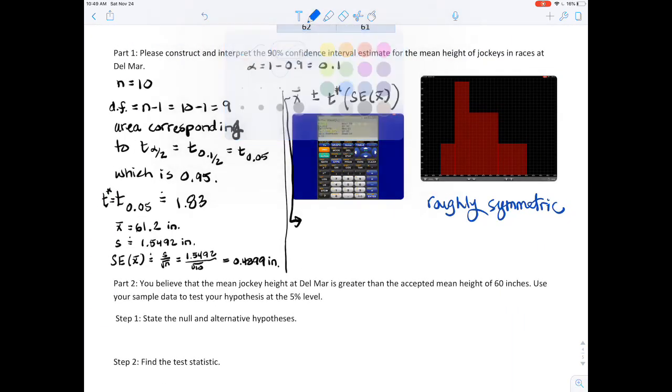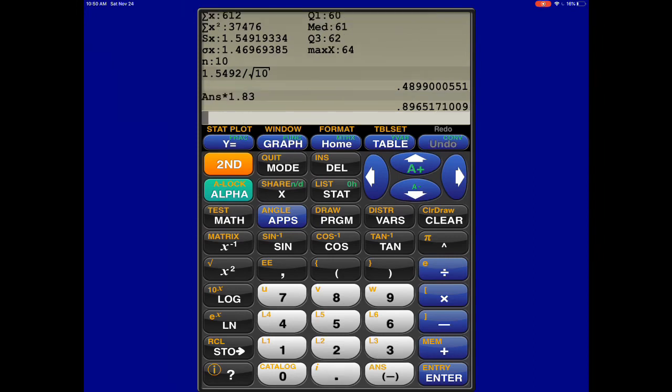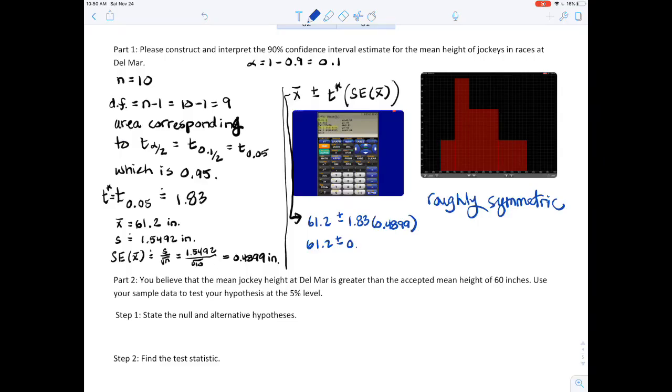So we will have, I'll do it in our regular color now, X bar was 61.2 plus or minus t star, which was 1.83, and then we need the standard error of X bar, which was 0.4899. So we'll get 61.2 plus or minus 0.8965.